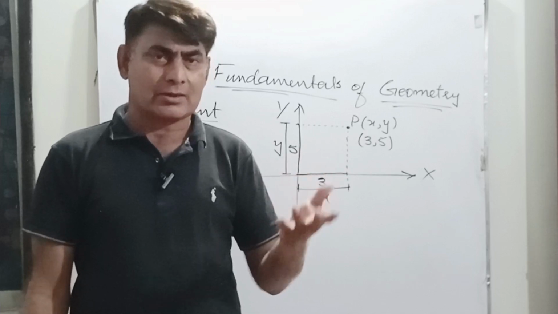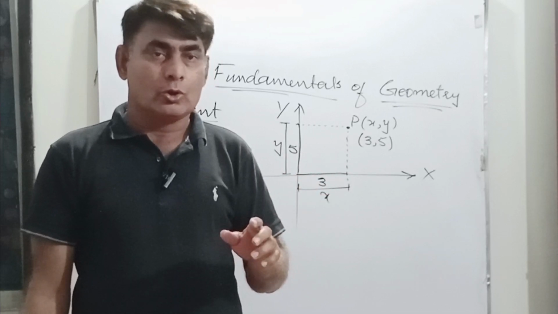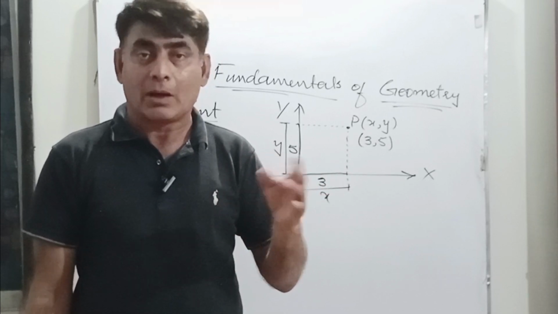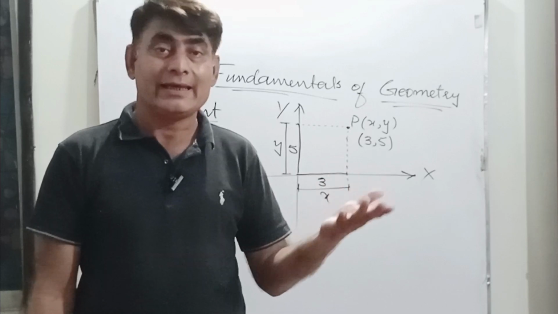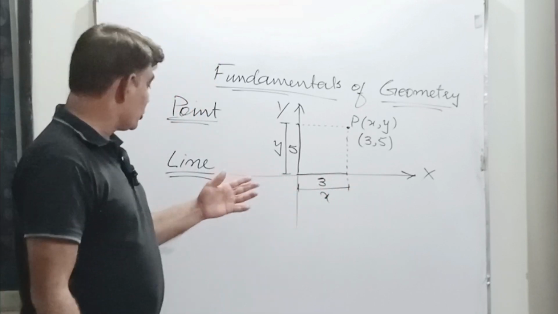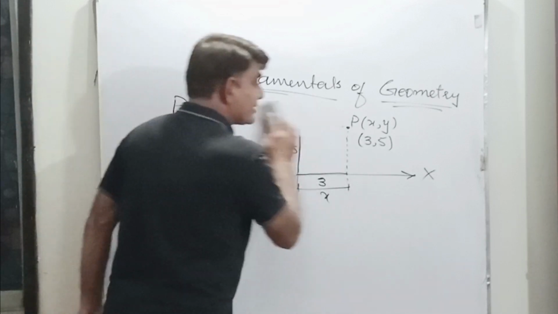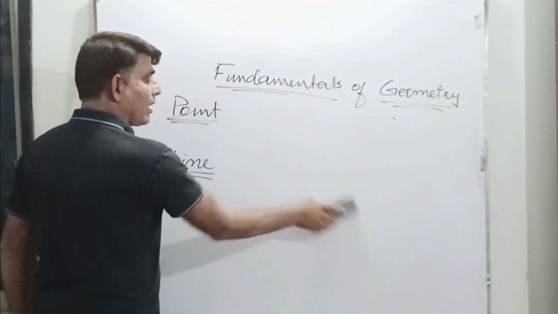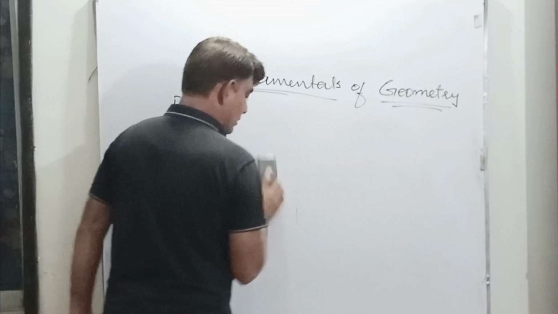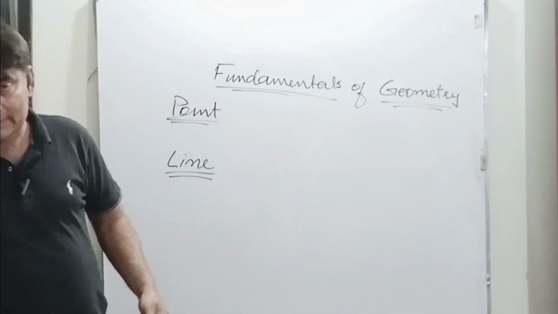All these terms are used just to identify the path of a moving vehicle, right? So a line is defined as a set of infinite points.